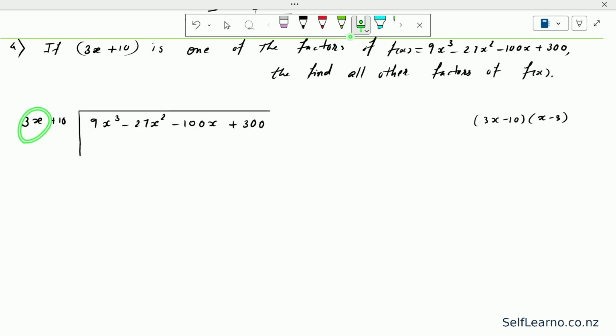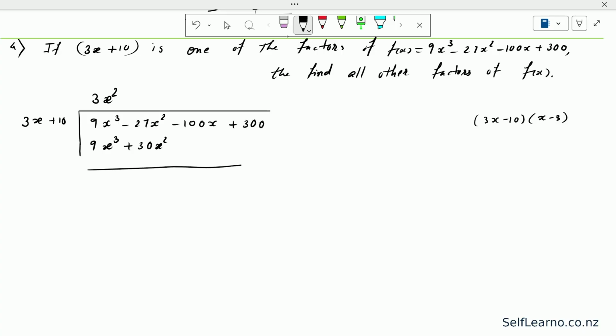So this 3x is to be multiplied by 3x squared, so here I should write 3x squared. Then only I will get 9x cubed. 3 times 3 is 9, x times x squared is x cubed. Good. And 10 times 3x squared is plus 30x squared.